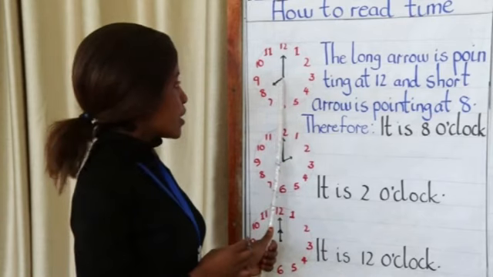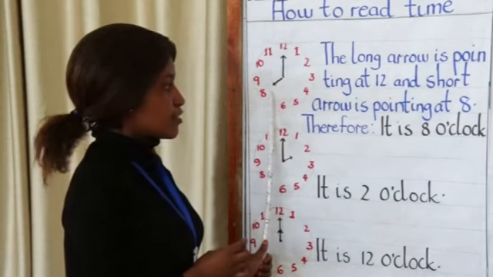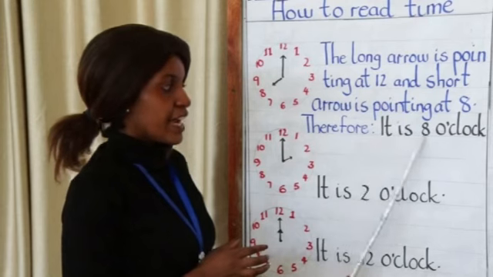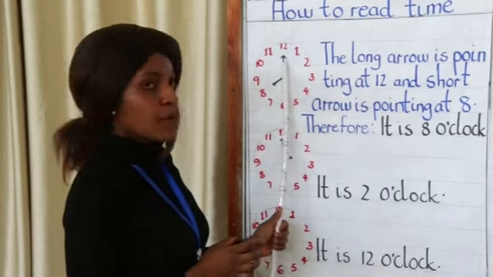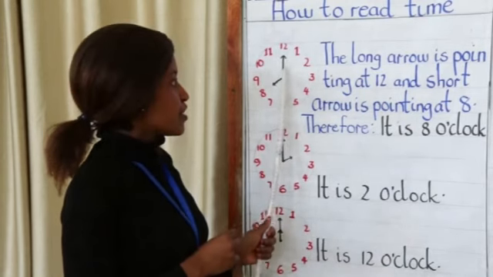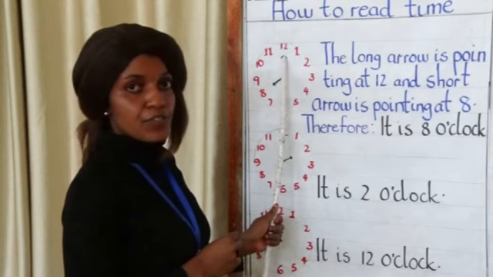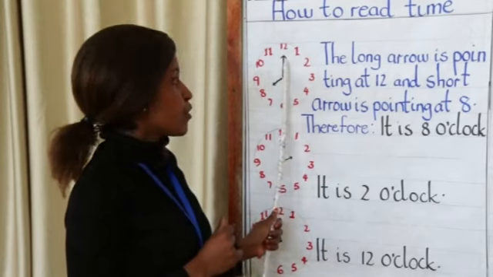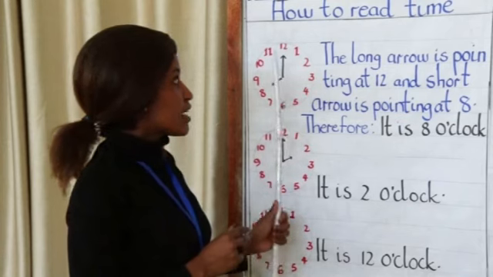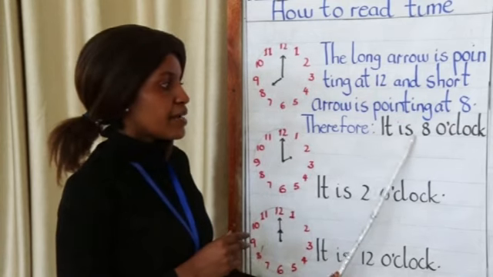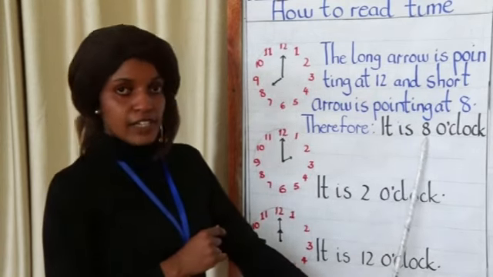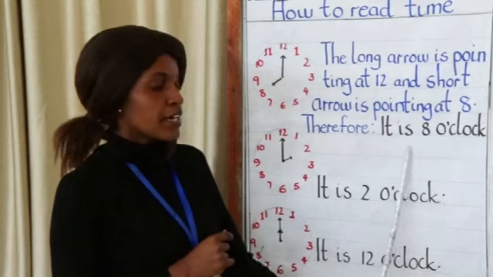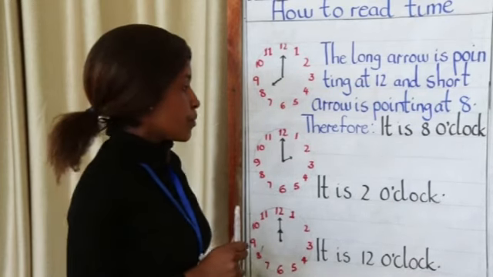It points exactly at 8, so we read it as 8. Then coming to minutes, which are pointed by the long arrow, the long arrow points exactly at 12. We are going to read the time as 8 o'clock. It is 8 o'clock.